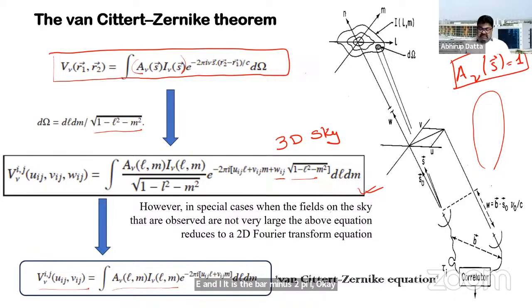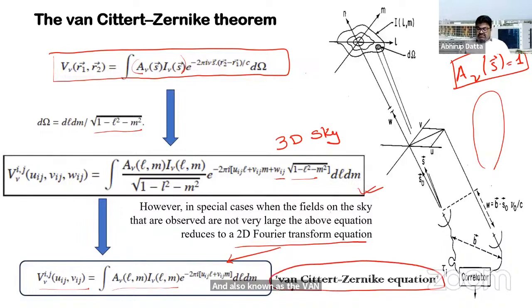This is nothing but a 2D Fourier transform equation, also known as the van Cittert-Zernike equation. It's a very powerful expression, and the main equation for radio interferometry, where we understand this is the correlation function, the spatial coherence function, which is the output of the interferometer.